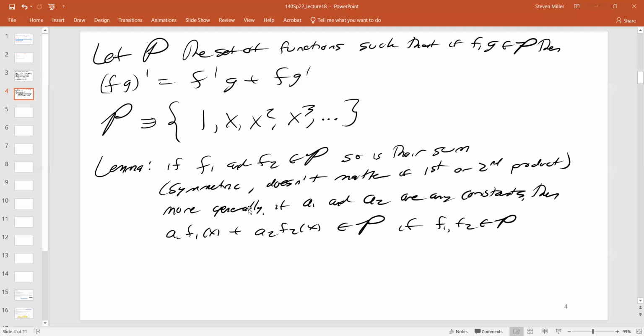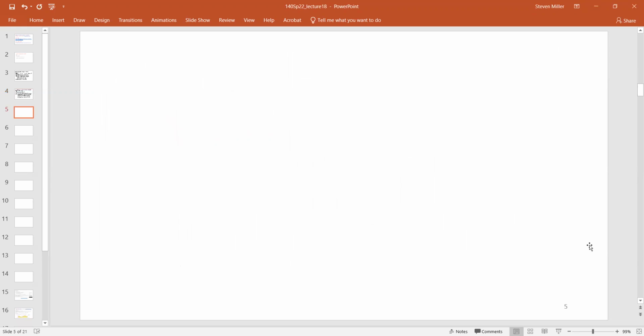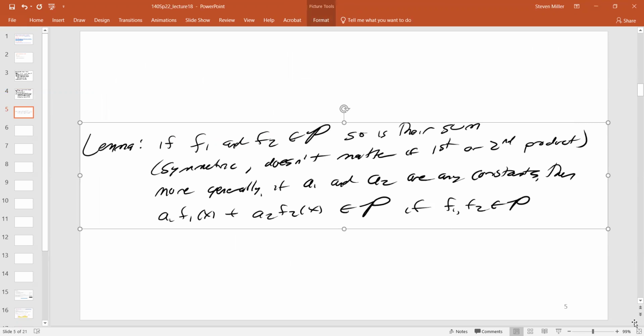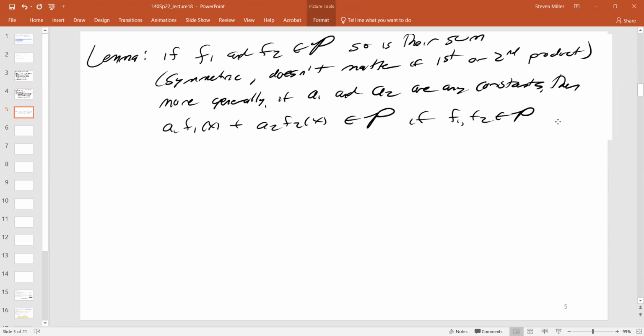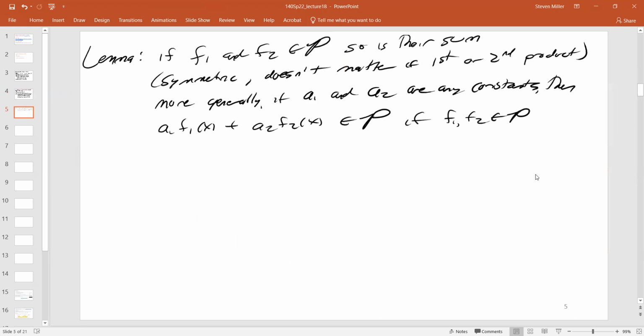So this is called a linear combination of f1 and f2. Prove it.